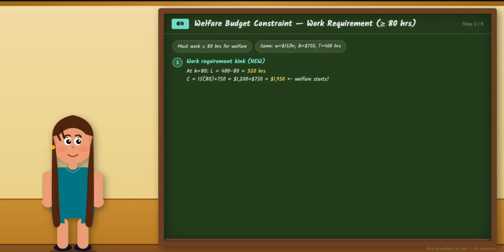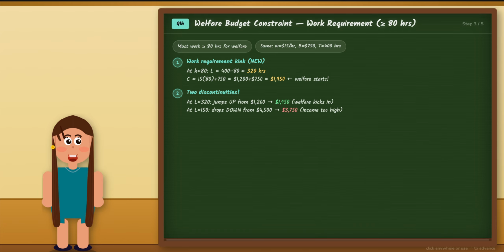At L equals 320, exactly 80 hours worked, she earns 15 times 80, which in total is $1,200. The moment she hits 80 hours worked, welfare kicks in. Her consumption jumps up from $1,200 to $1,950. That is an increase of $750. That's the first discontinuity at L equals 320.